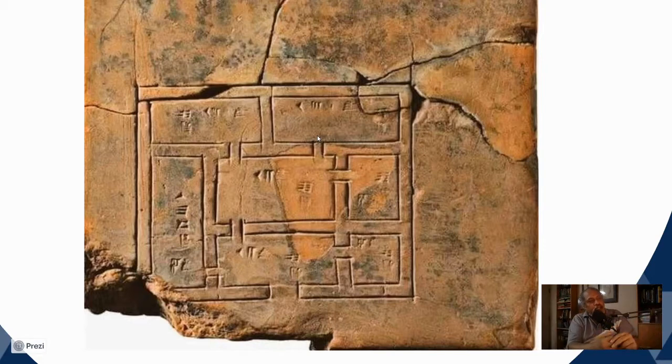The way these clay tablets used to be made was using a kind of cone shaped tool, that's why they are called cuneiform. Wedge shaped, a sharp tool, and on wet clay they would do all the required markings. And when that clay dries up, the impression stays, and that's what you can see here.